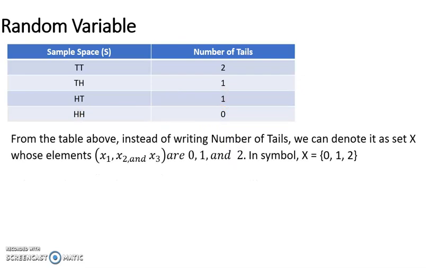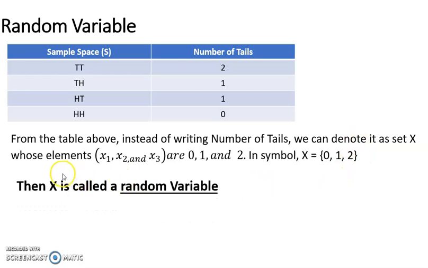From the table above, instead of writing number of tails, we can denote it as set capital letter X, whose elements x sub 1, x sub 2, and x sub 3 are 0, 1, and 2. And in symbol, we write capital letter X equals {0, 1, 2}.